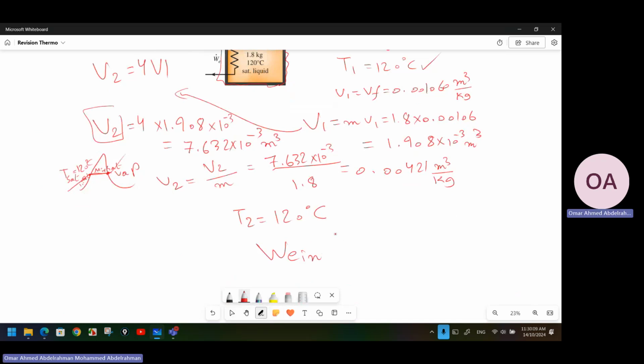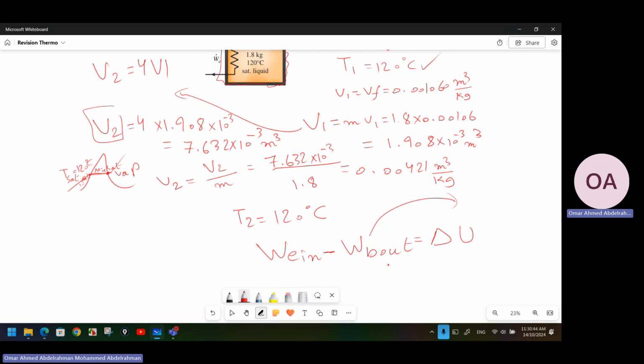Then I will also have boundary work because the volume increases, right? The volume in the second state is 4 times the volume at the initial state. So I will have boundary work out, and it is equal to, I don't have kinetic energy change, I don't have potential energy change, so the remaining is delta U. Then I will move the boundary work to the other side, and since I have constant pressure, the only change is in volume.